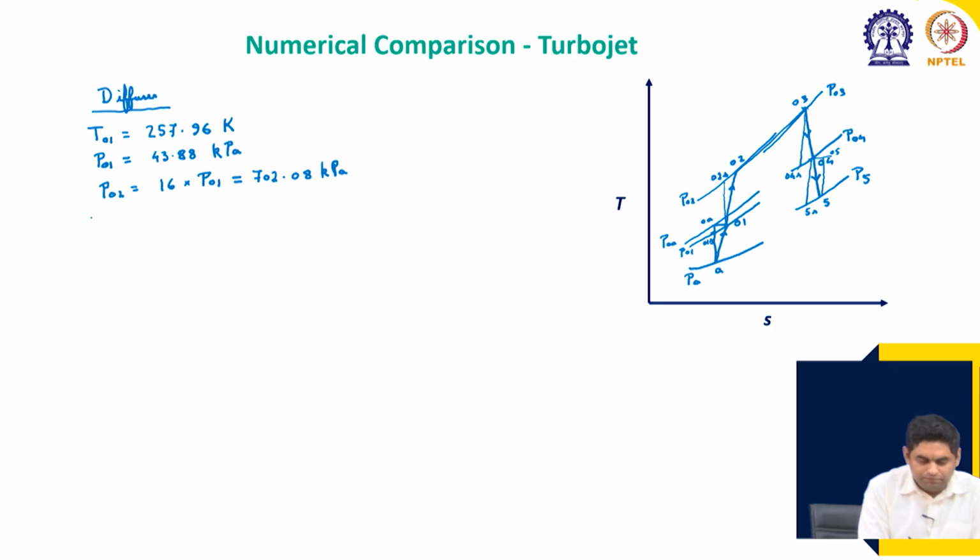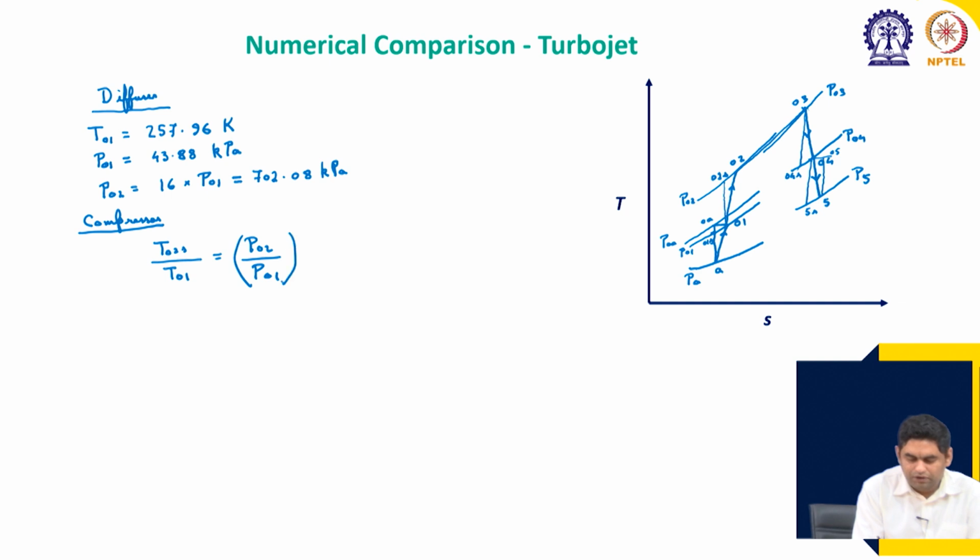So, these are for the compressor. T02s by T01 is equal to (P02 by P01) to the power (gamma A minus 1) by gamma A. Okay.